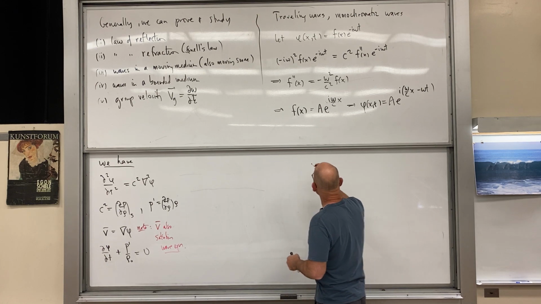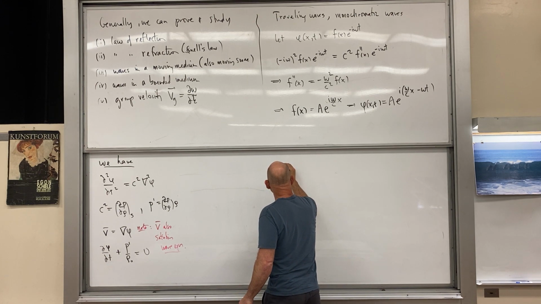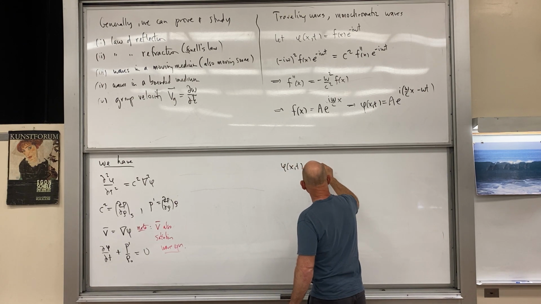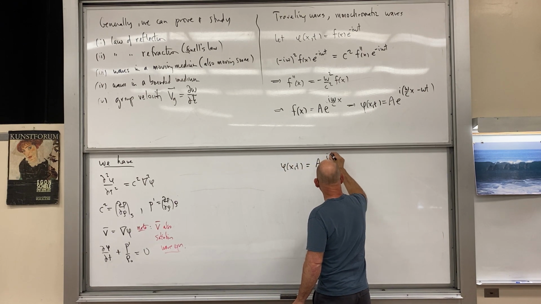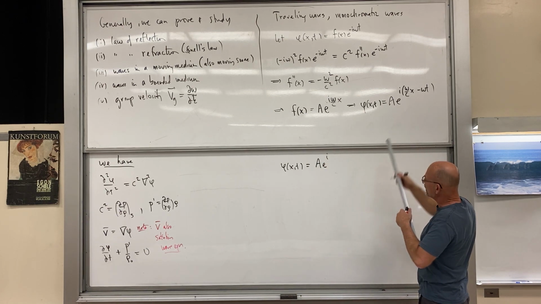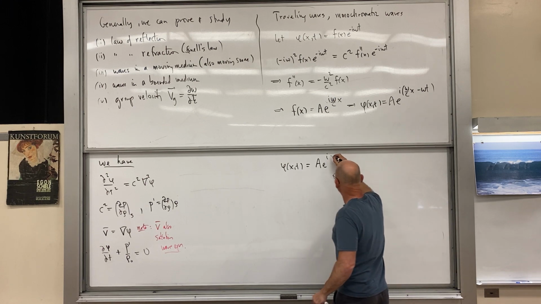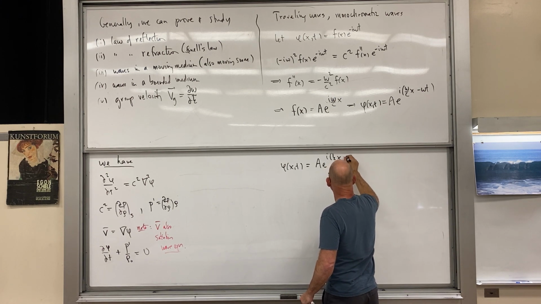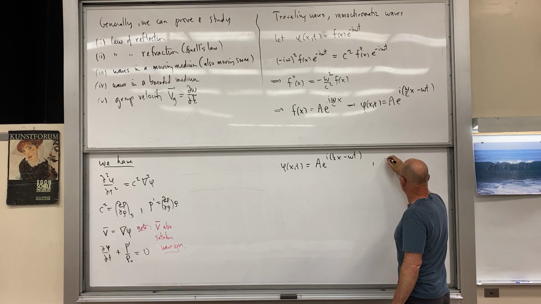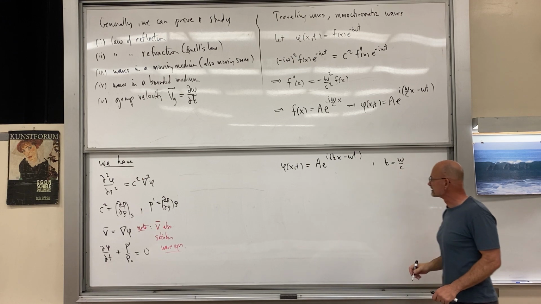Okay, so continuing, what do we have here? We have phi of x and t equals A e to the i, now I'm just going to define omega over c equal to k, k x minus omega t, where k is equal to omega over c.